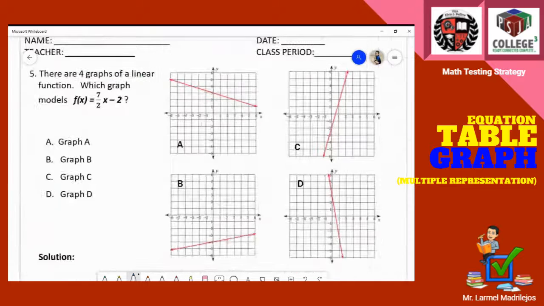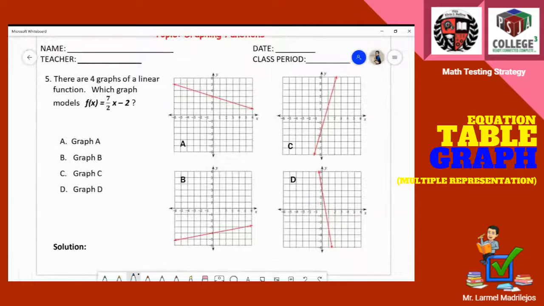The rest will be your practice. Okay, this is easy. Same thing I'm going to do. I'm going to do positive, negative, 0, and undefined. Okay, the slope is a positive, so the slope is something like this, and my y-intercept is negative 2.